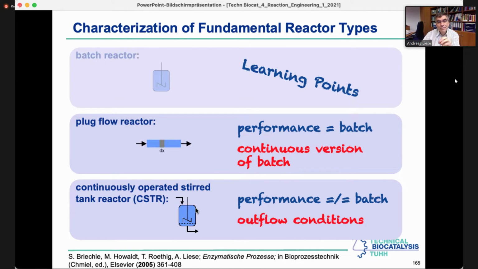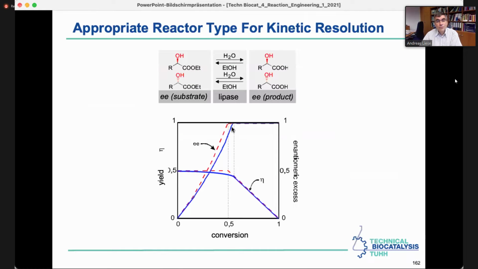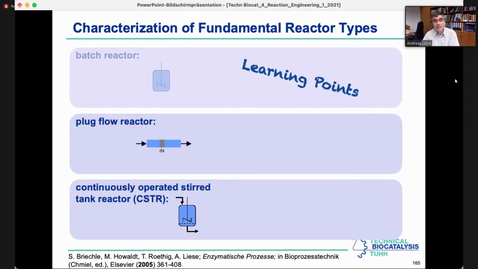So we have, in principle, already reached this endpoint, namely this one up here, but we can never reach it in the CSTR, because we're constantly adding racemate to this endpoint. And that is why the CSTR is not applicable in a kinetic resolution if the kinetic resolution is not ideal.